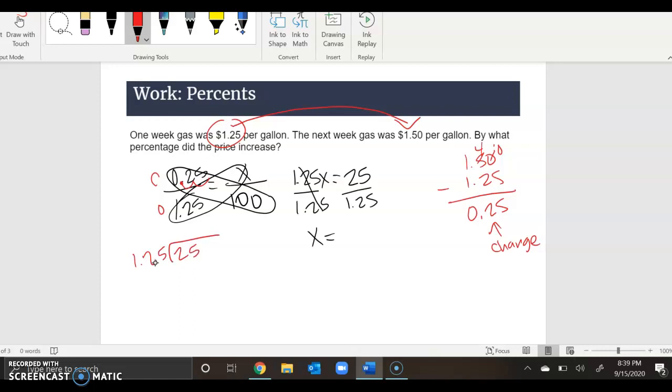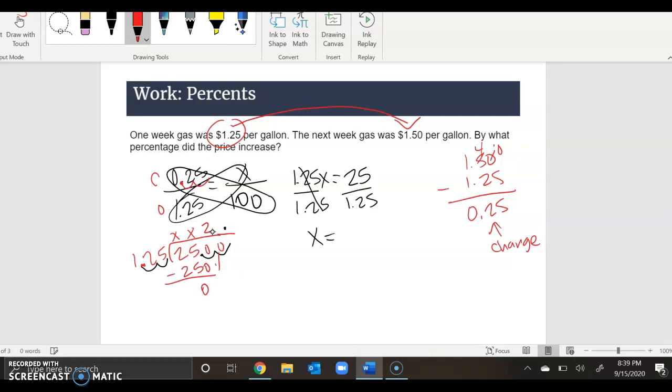Okay, just like in a previous question that we had, I cannot divide with this decimal sitting outside. So I have to move it 2 spaces to the right, which means my decimal in whole number 25, I've got to move it 2 places to the right. And then I will bring it to the top of my division, fill in my empty spots, and we can go on. 125 will not go into 2, it will not go into 25, but it will go into 250 2 times.